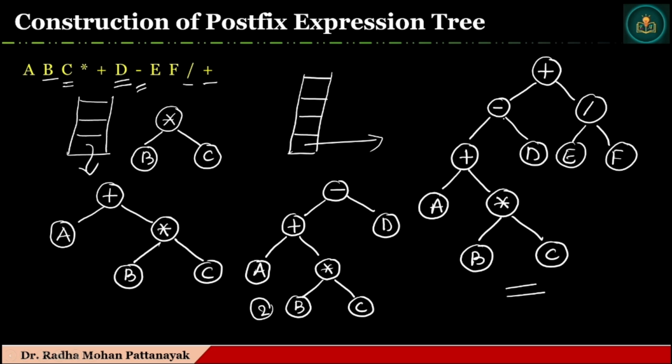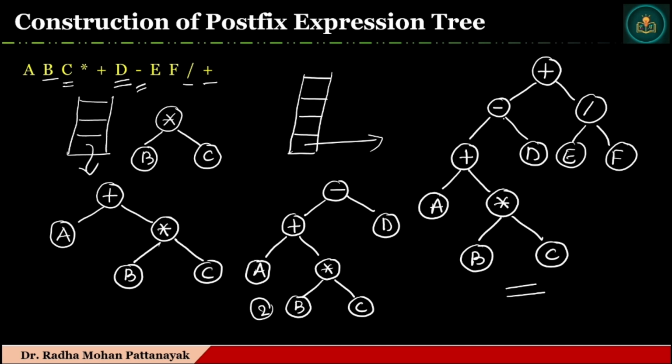So again, let us repeat what you will do here. First, visit all the characters from left to right. Whenever an operand is encountered, push that operand into the stack. And when an operator is encountered, pop two operands from the stack and design a tree by taking these two operands and that operator.